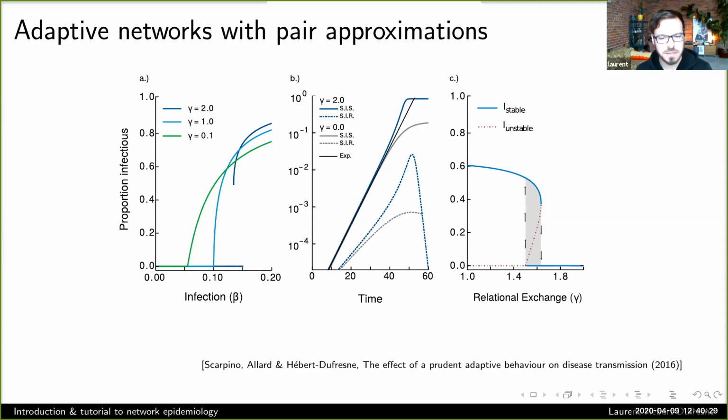In this paper, what you'll see is that behavior can have both dramatic impact, but also unexpected consequences. So I'll mostly focus your attention on the left panel here, which is this variation in transmission rate, which we've already seen, and the size of the epidemic that we'd expect. So as we increase this gamma going from green to bluer colors, as we increase this rewiring rate, we increase the epidemic threshold, which is good.